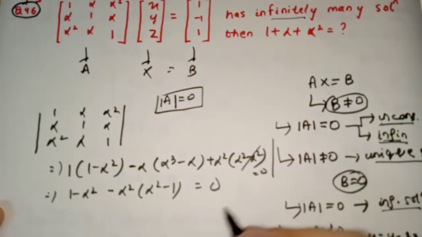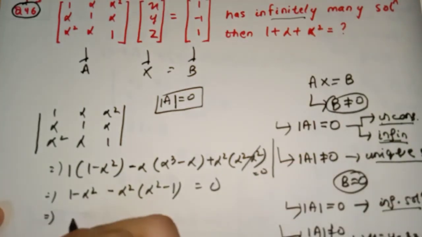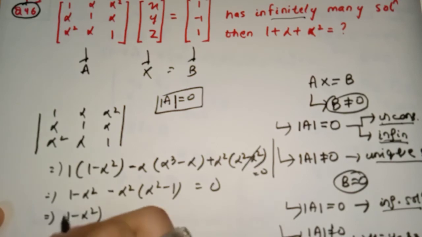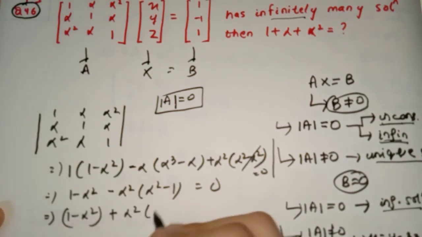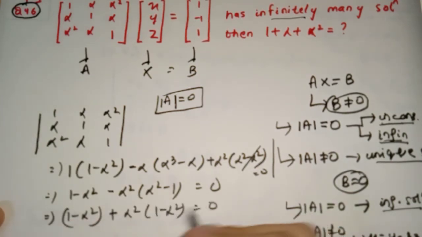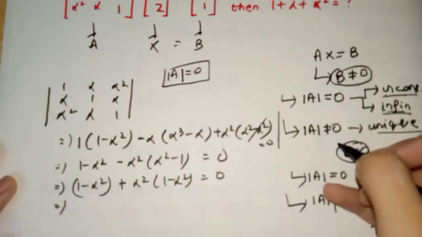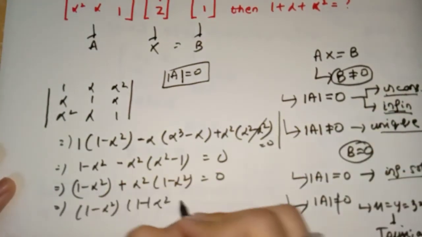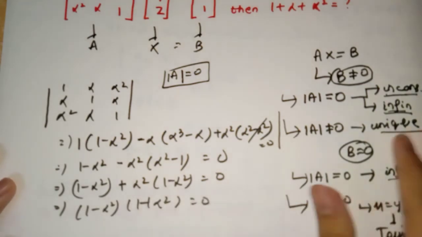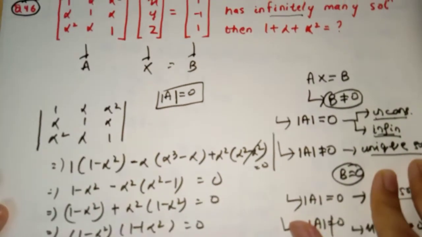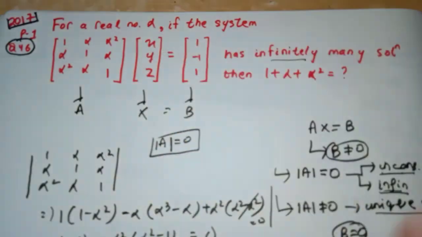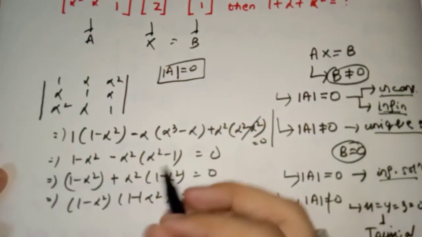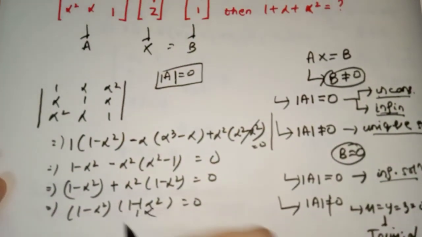So we can say (1 minus alpha square) plus alpha square times (1 minus alpha square) equal to 0. So (1 minus alpha square) into (1 plus alpha square) is equal to 0. Now since alpha is a real number, 1 plus alpha square is not possible to be 0, and for the other factor alpha would be plus minus 1.